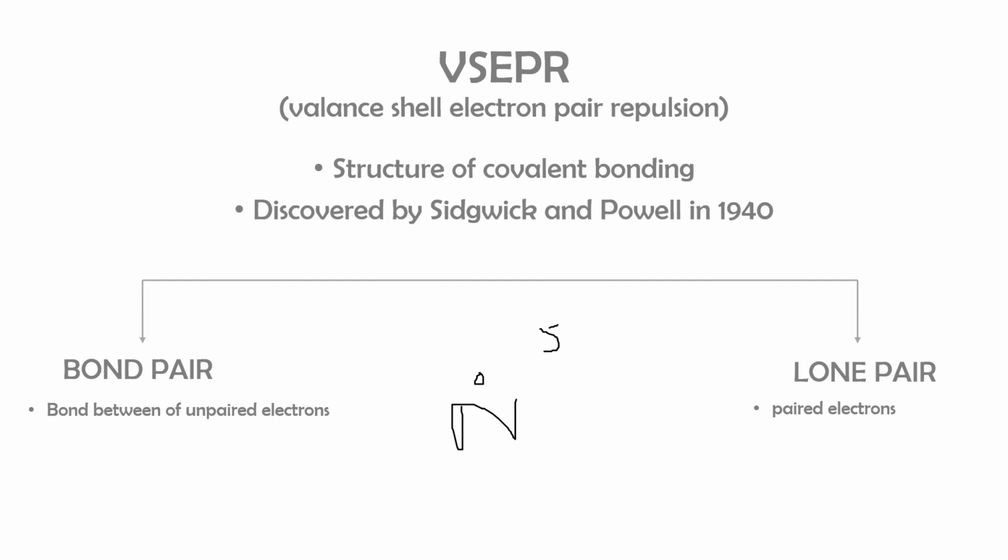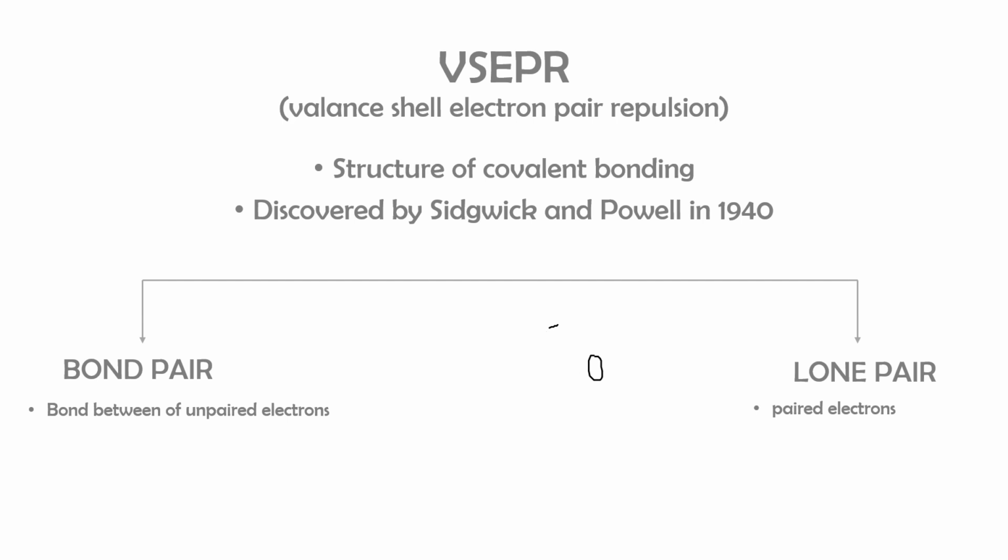So 1 electron, then 2, then 3, then 4. After placing electrons at 90-degree angles, we have 1 electron left. That electron will be placed with the first existing electron. Now this pair of electrons is known as a lone pair.